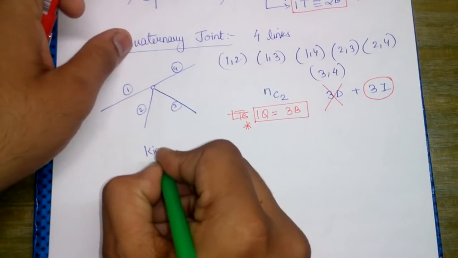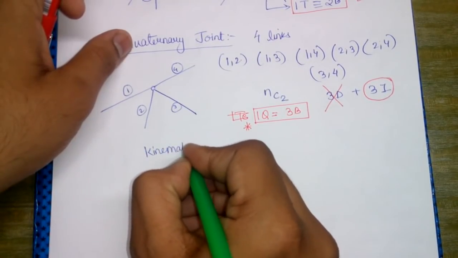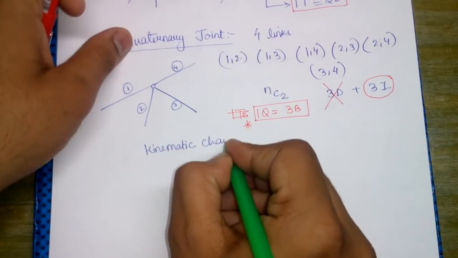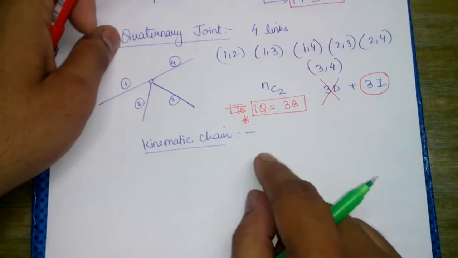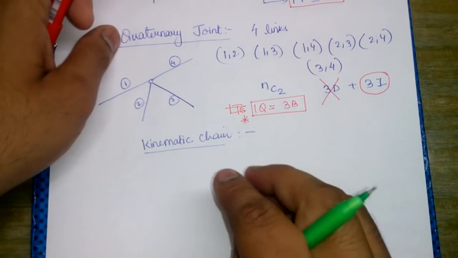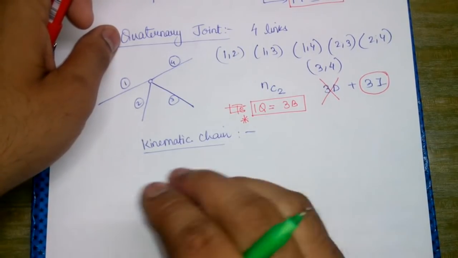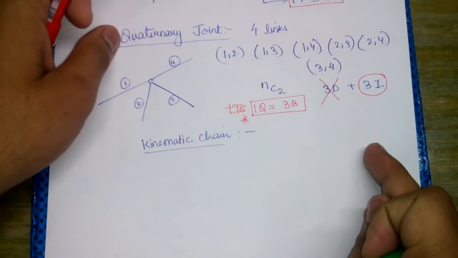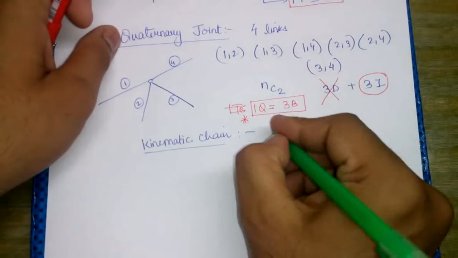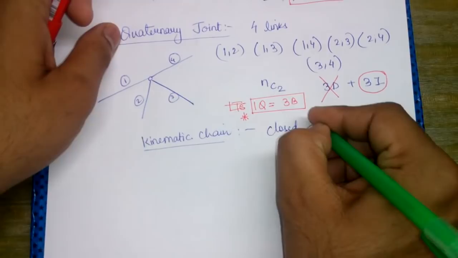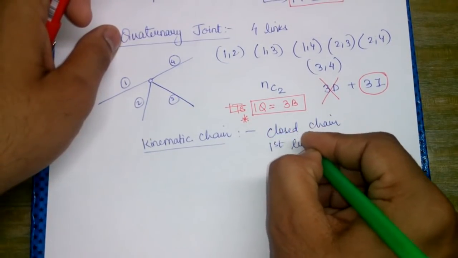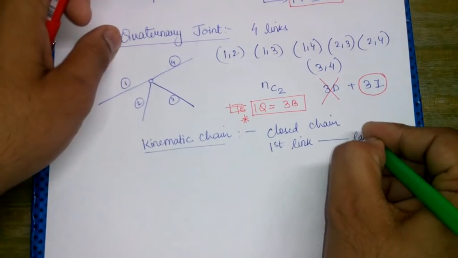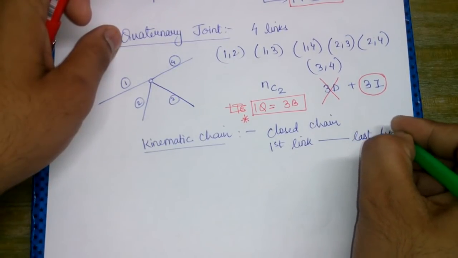Next we will discuss the kinematic chain. In a kinematic chain, all the links are connected in such a way that the first link is connected to the last link to form a closed chain. The important points are: a closed chain should be formed and the first link should be connected to the last link.